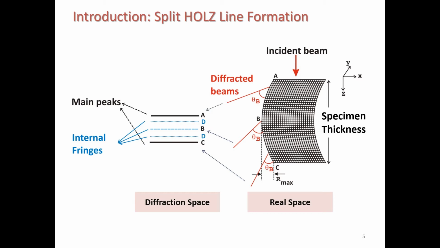While in the presence of a bending as shown, the HOLZ line splits into 2 main intensity peaks at A and C and some internal intensity peaks. Here in real space, R max is the maximum atomic displacement, which in some works it is called the atomic displacement amplitude.